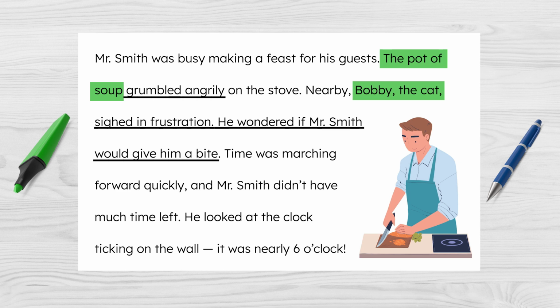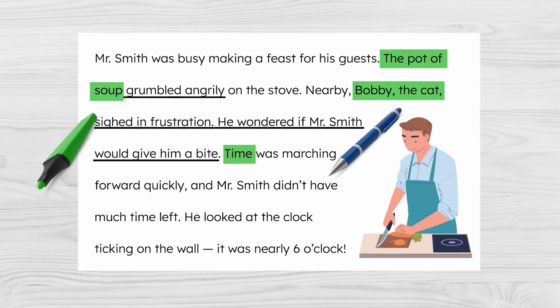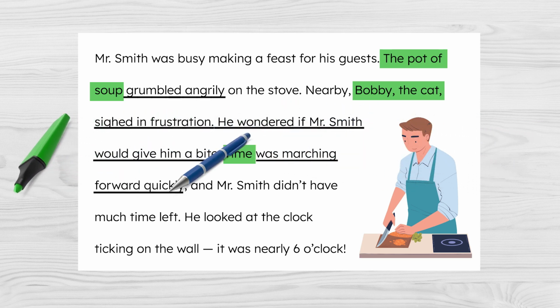Here's something that isn't an object or an animal. The idea of time, which is described as marching forward quickly. But time isn't a person, so it can't actually march. The author personifies time to help us picture it moving quickly. Here's one last object, the clock. Check this out.